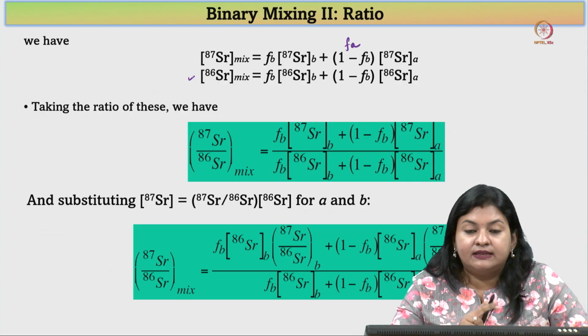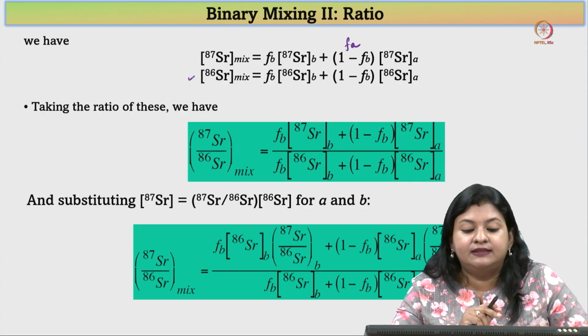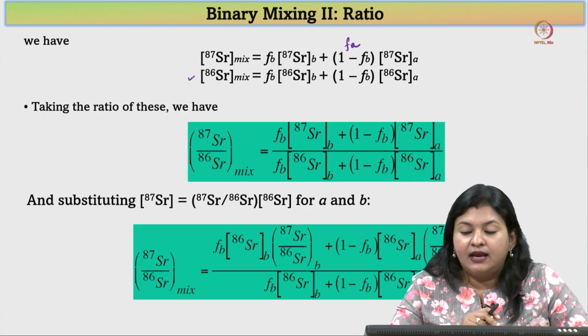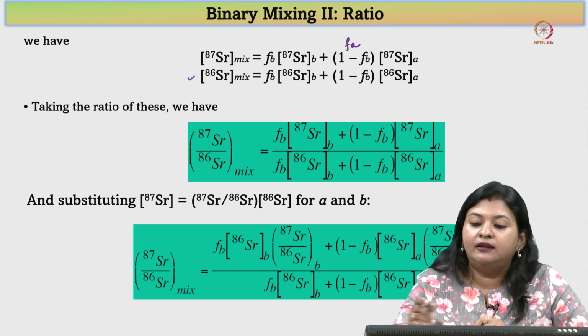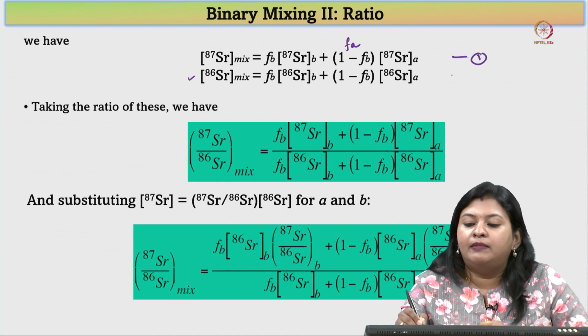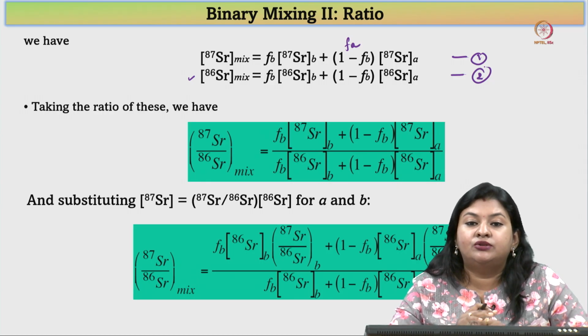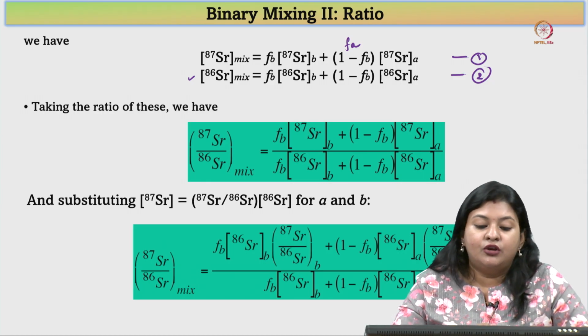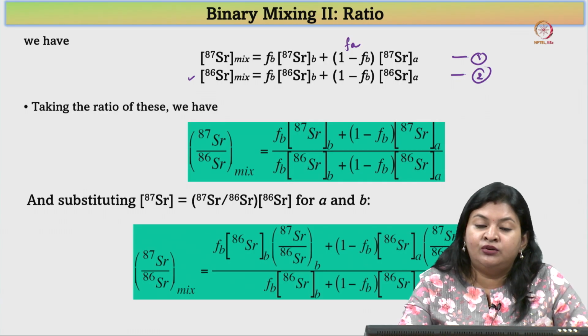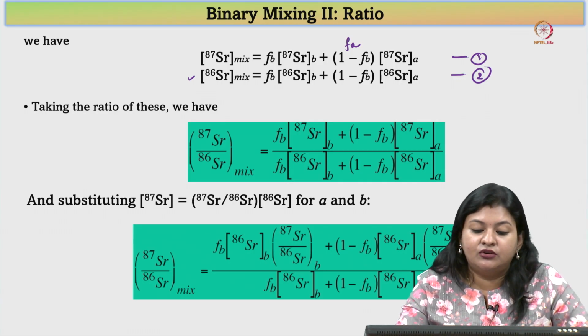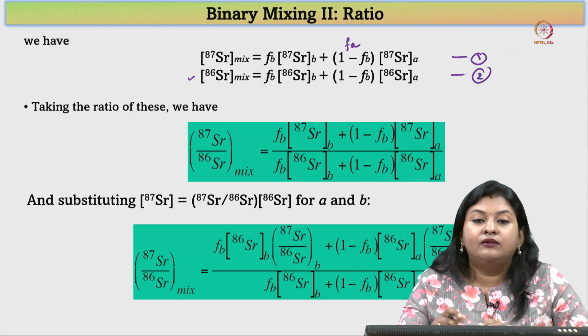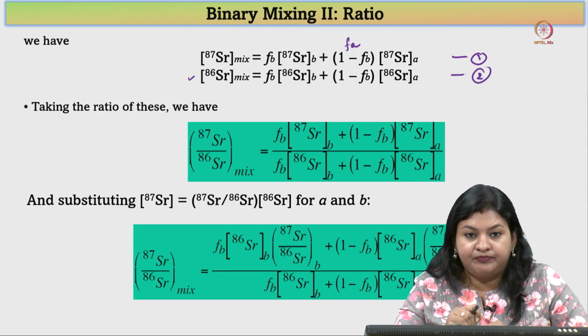So, I will write 87 strontium mix and 86 strontium mix, and then simply divide equation 1 by equation 2. I will just take a ratio of these equations. So, 87 strontium goes in my numerator, 86 strontium in the denominator. So, this is how my equation looks.